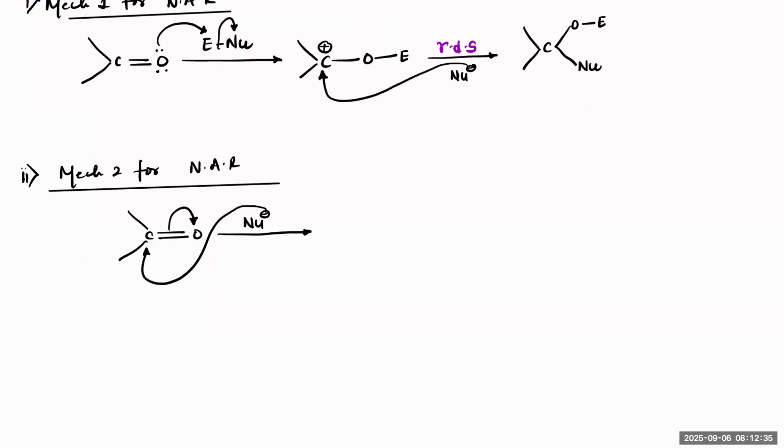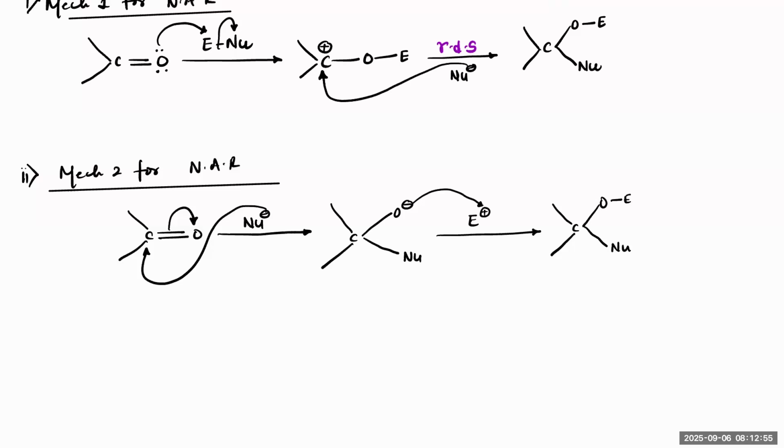First the nucleophile is present, and that will create an O minus and nucleophile. Thereafter, an electrophile is attached here. In both the cases, the nucleophilic addition step is the rate determining step.